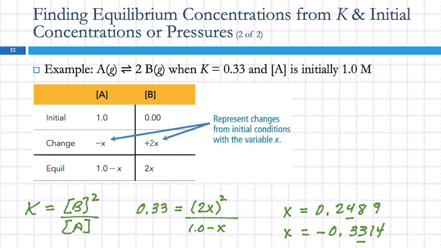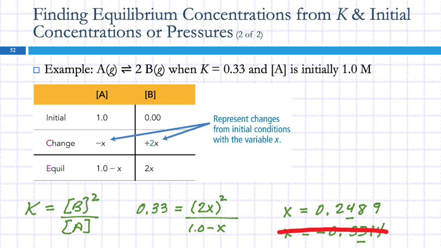In these tables, we need to have positive concentrations, right? So here at equilibrium, the concentration of B is 2 times x. Can this negative x possibly be correct? No, because that would give us a negative concentration, which is just physically impossible. So that's not the one we want, okay?